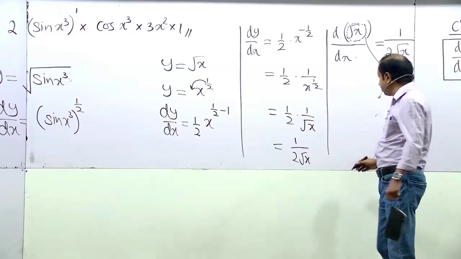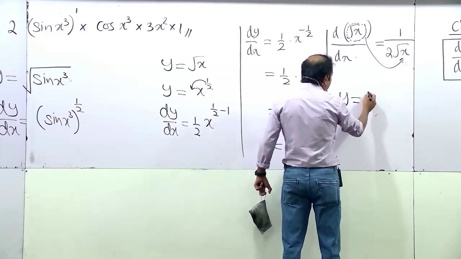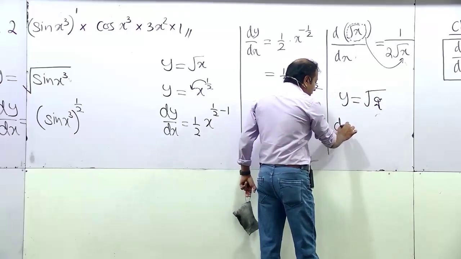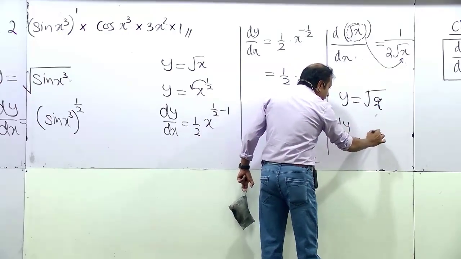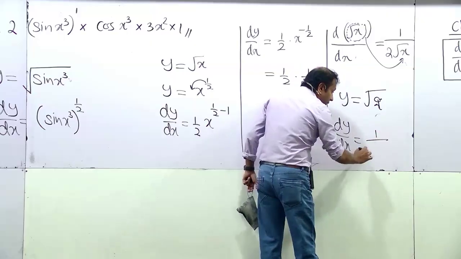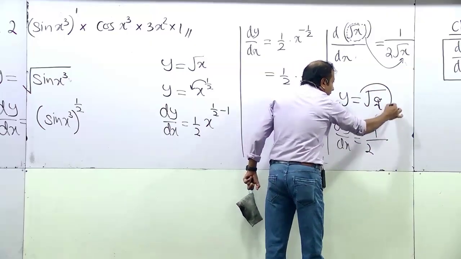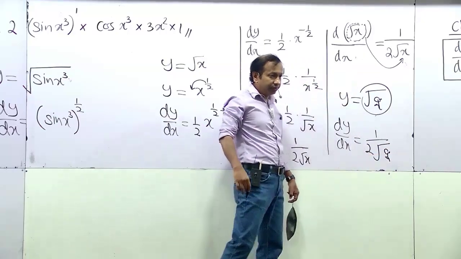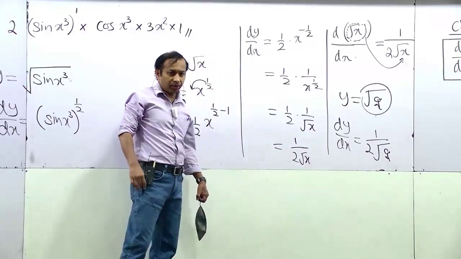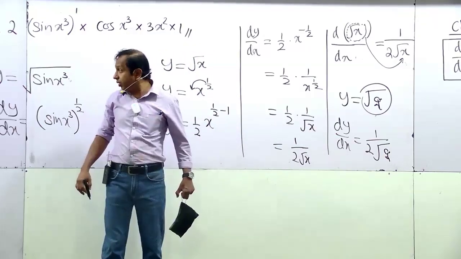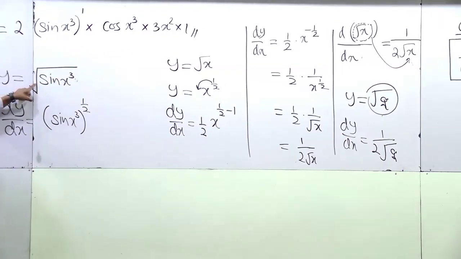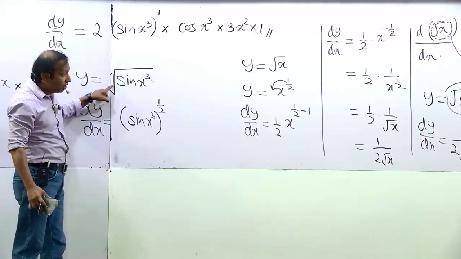So when we differentiate y equals root of something, what is the answer? dy over dx is 1 over 2 times the same thing, the root. Therefore, people, when we differentiate this root sign, the very first obstacle is what? The root sign.